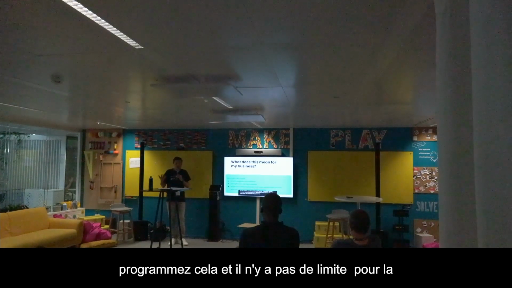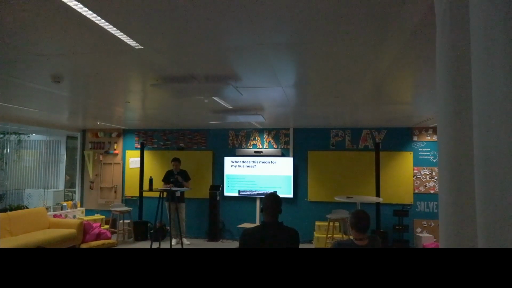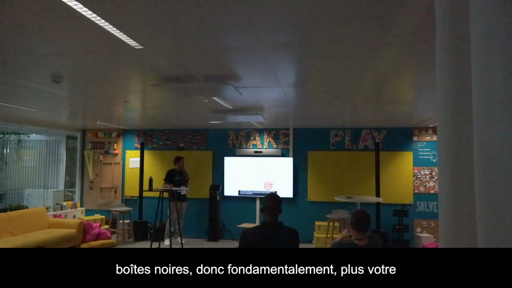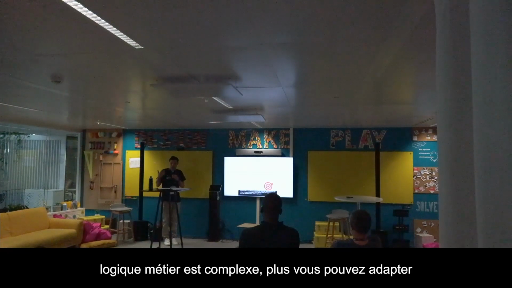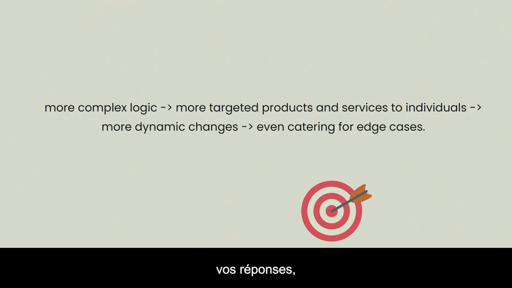And there's no limit to the business logic. There's no black boxes. So basically, the more complex your business logic, the more you can tailor your responses, your products and services to the individuals and make it your business exactly how you need.